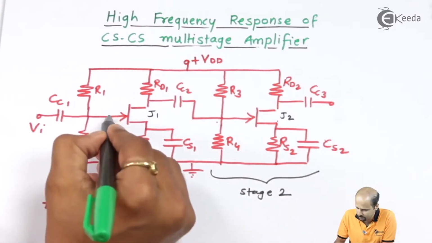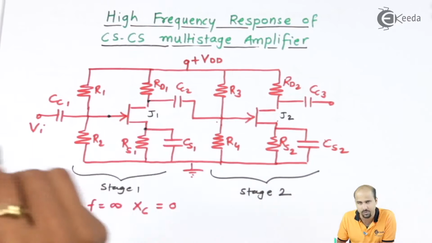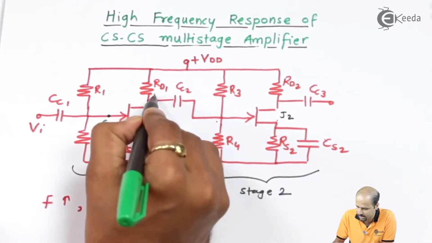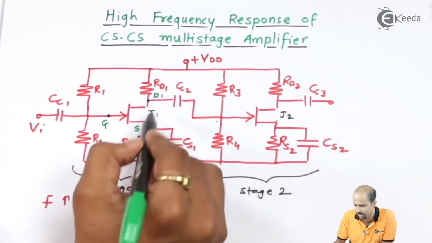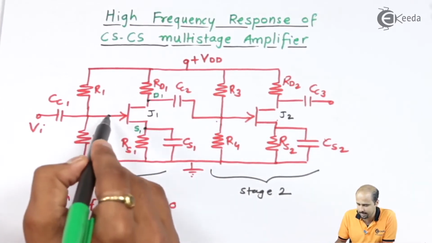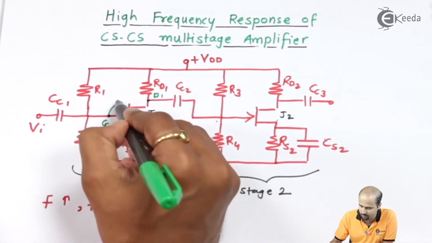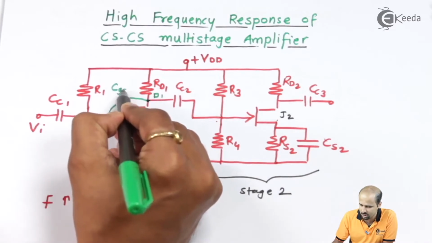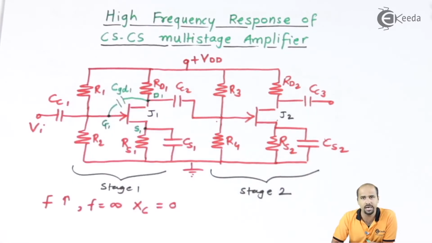I have 3 terminals of the JFET: this is the gate, this is the source and this is the drain. I will name them D1, S1 and G1 for stage number 1. In between gate and drain, I will have one capacitor, which I will name CGD1, the gate to drain capacitance for stage number 1.